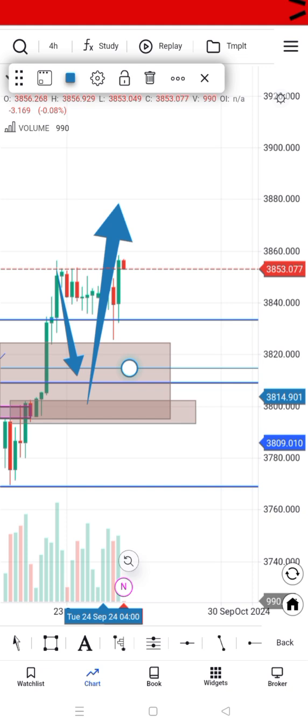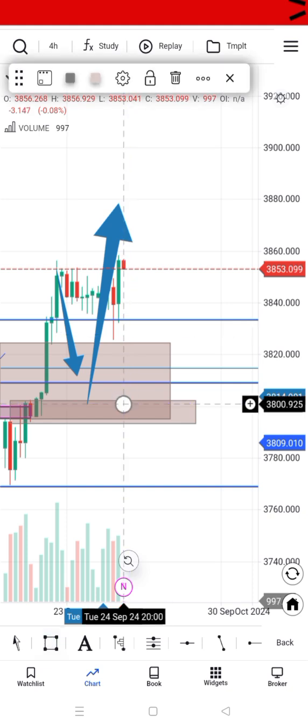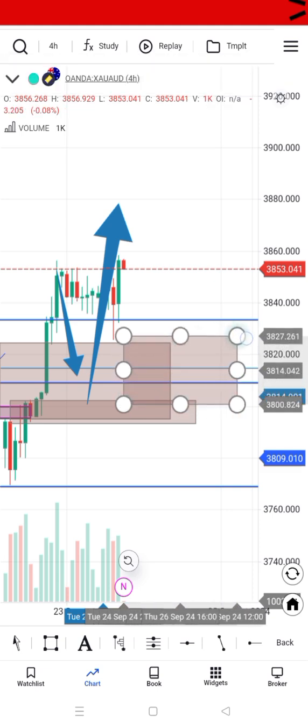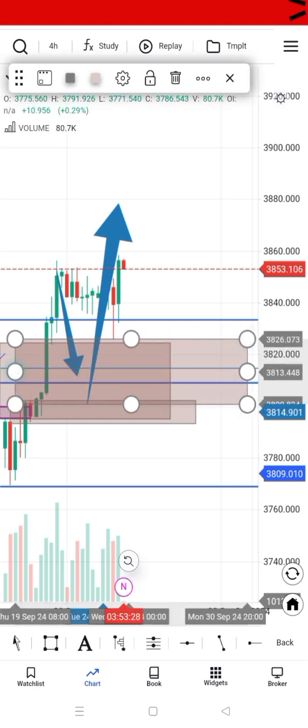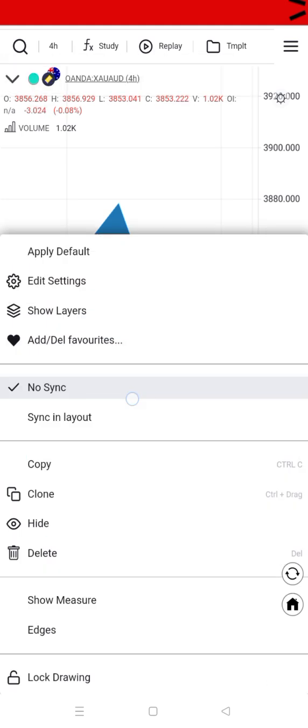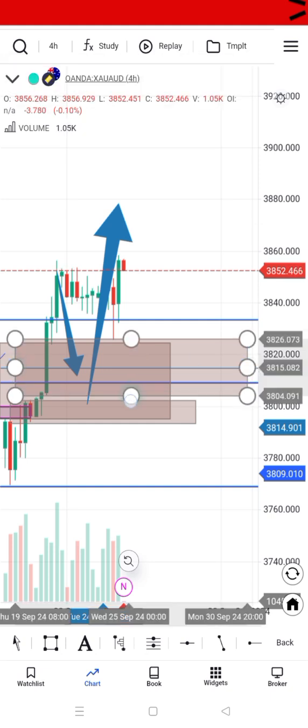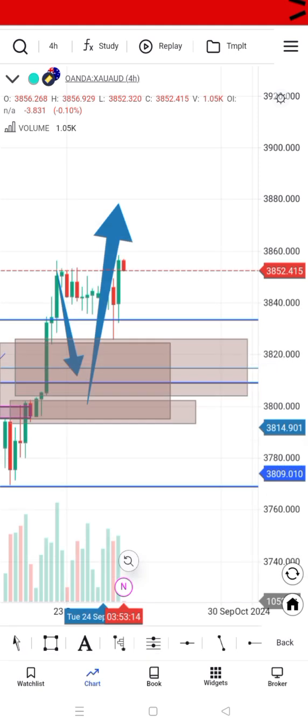And what am I telling you? Gold must come down and fill that inefficiency. And then for me to take a trade, I'll wait for that market to return to that zone and I take a buy position. So currently, if you are trading, just know the market must come back to fill that inefficiency.